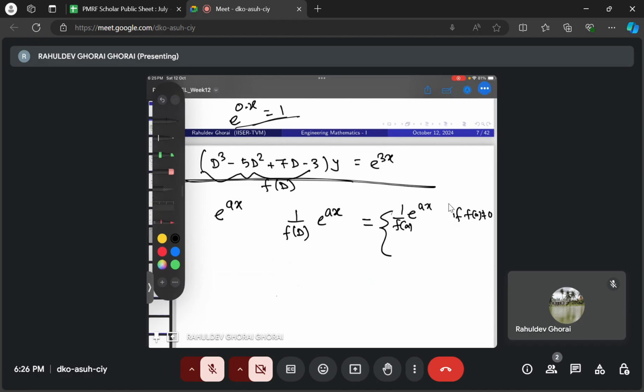If f(a) comes out equal to 0, then the solution will be x to the power r over f^(r)(a) times e to the power ax, where r is such that f(D) can be written as (D minus a) to the power r times g(D), where g(a) is not equal to 0. This is the general rule.